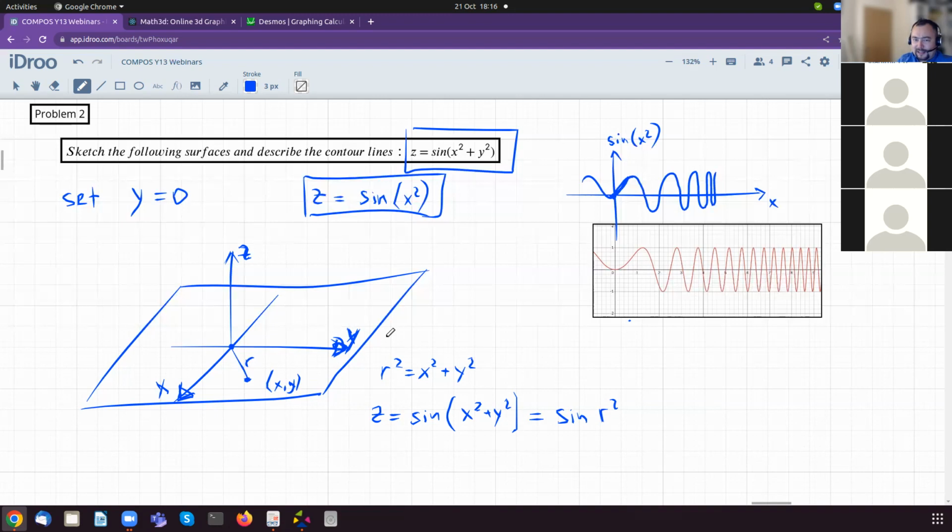So basically, because this is R in the direction of X, isn't it? It's the same thing. So it behaves exactly the same way in all directions. So the function behaves the same way in all directions.